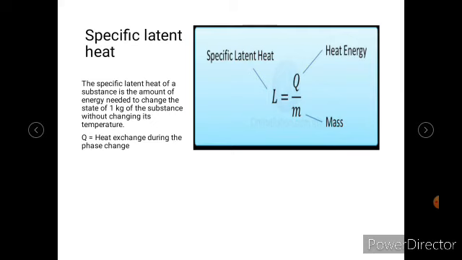So the specific latent heat of a substance is the amount of energy required to change the state of 1 kg of the substance from one form to another without changing its temperature. This is the definition of specific latent heat.